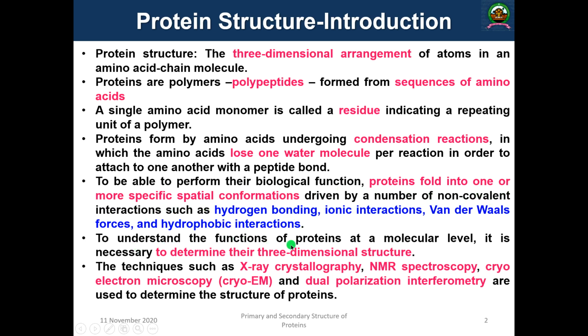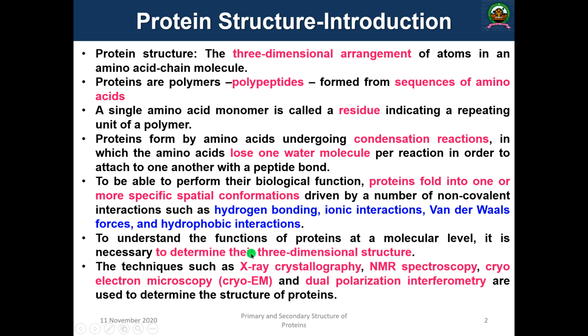So in order to understand the function of the protein at a detailed molecular level, it is very essential to study the structure of the protein, and it is of course important to determine the 3-dimensional structure of the protein.